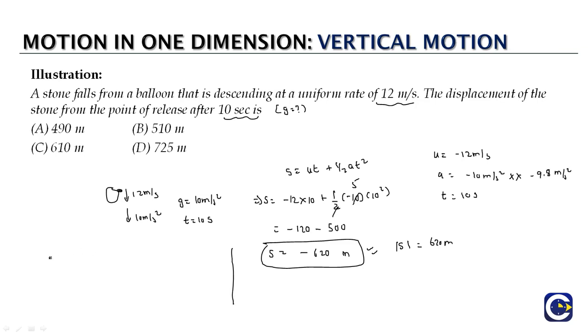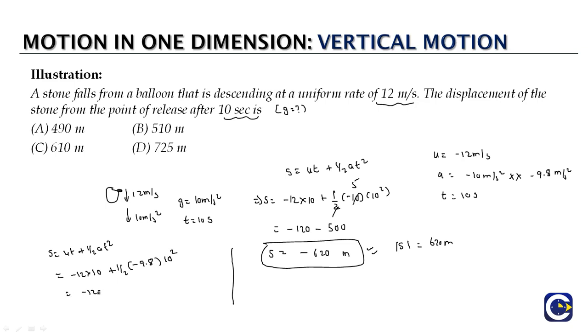And we'll just try to do the problem with acceleration equal to minus 9.8 meter per second square. So s is equal to ut plus half at square, which means u is minus 12 into time is 10, plus half into a is minus 9.8 into t square is 10 square.